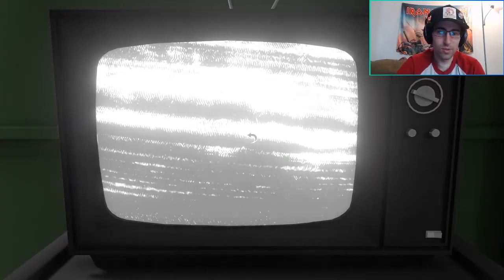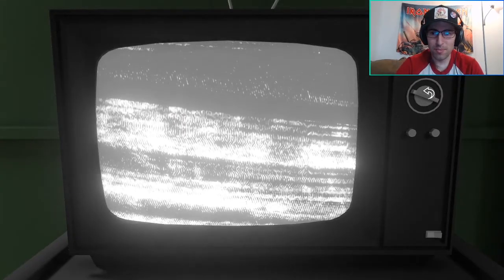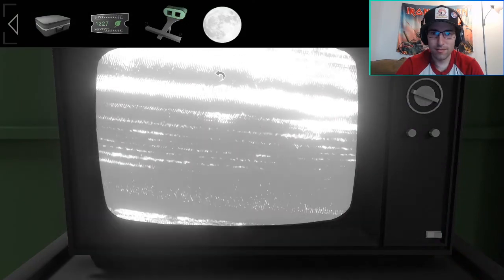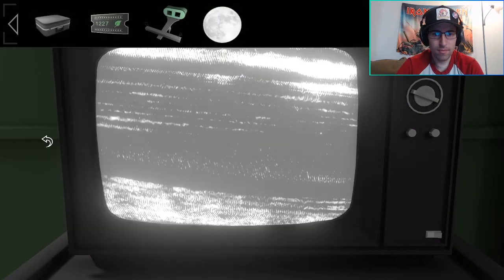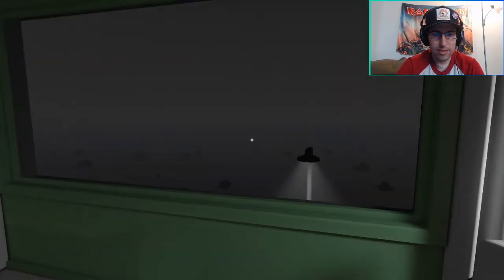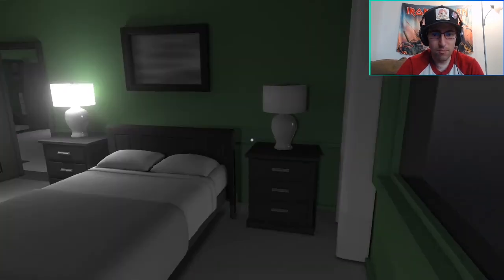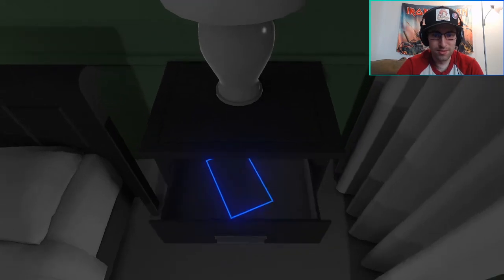So once again, we remain at an impasse where now something else doesn't make sense. So now I have a ticket that doesn't mean anything. I now have the moon in my hands for some reason.